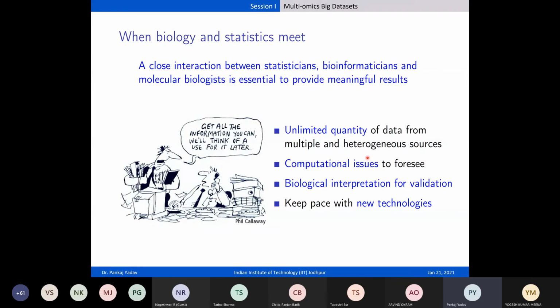But what is important to emphasize here is that we also need to foresee computational issues, right? Otherwise, generating this data will not make sense. It will just lie there, and nobody will care about it. So storage is one thing, and then you need computational ways to make sense of it, right? And after that, you also need a biological interpretation for validation, right? So we need to keep pace with these new technologies.